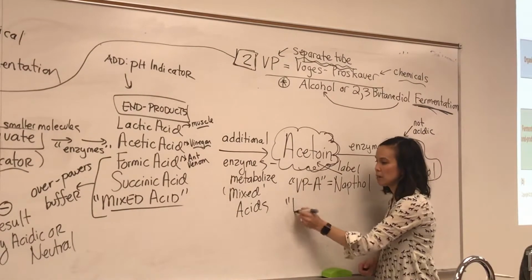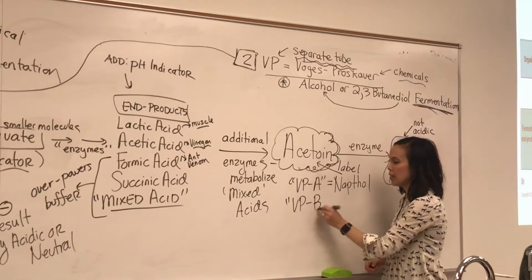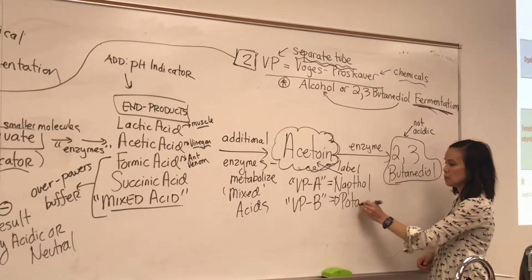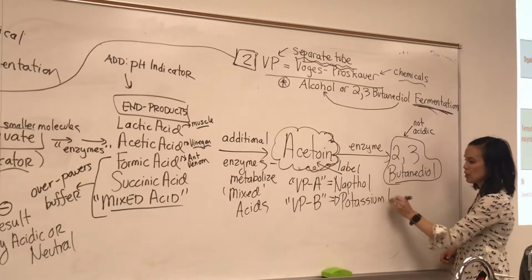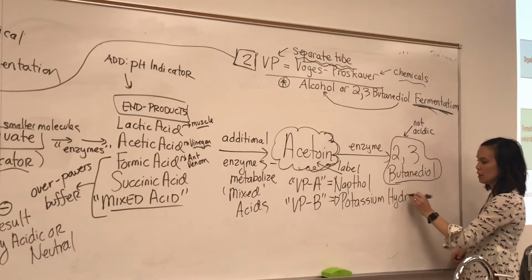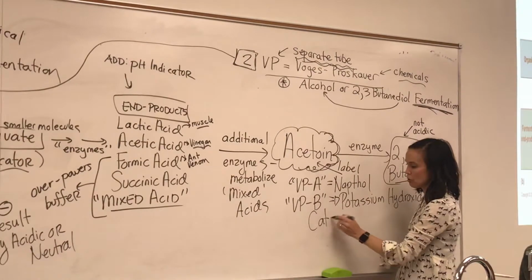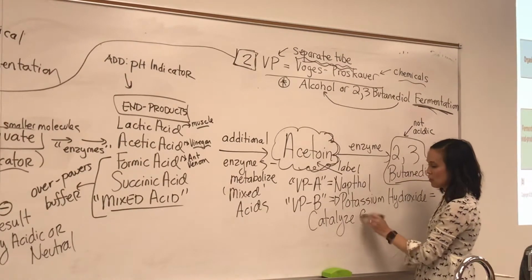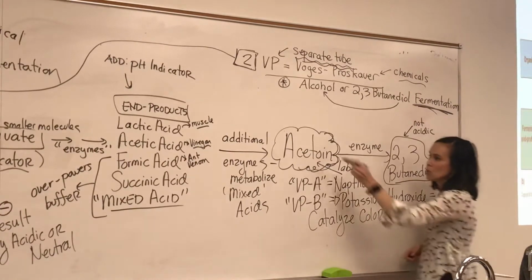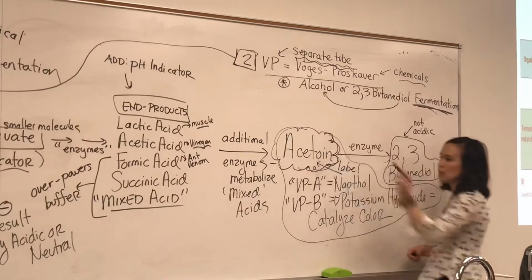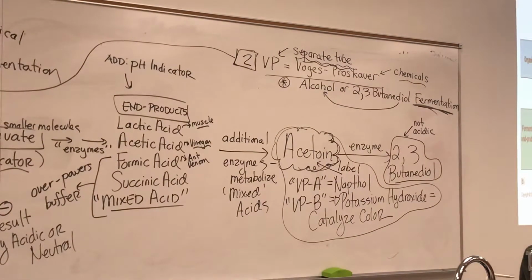Then we're going to add in a B. And the B is going to do the same thing as last week. This is potassium hydroxide. B is going to catalyze some color for you. So all of these together, the acetoin, the A and the B, we're going to mix them together.